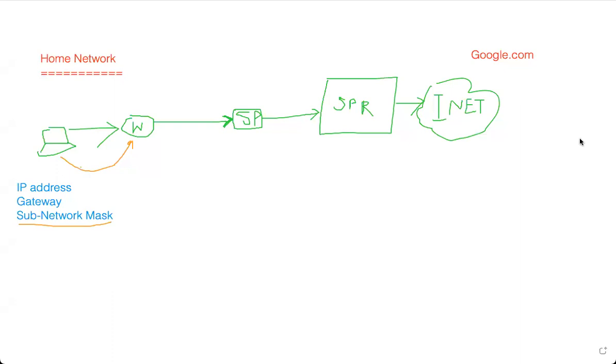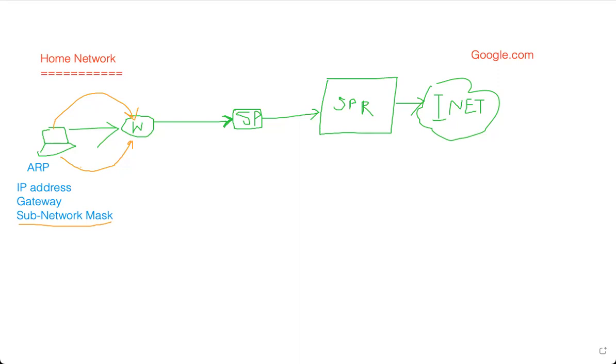So in this home network, like we discussed yesterday, the packet has to come from the laptop PC. When you connect to your SSID, you send your packet to your Wi-Fi router using your default gateway, because your laptop will check the ARP table, and the ARP table will not have the MAC address of google.com.